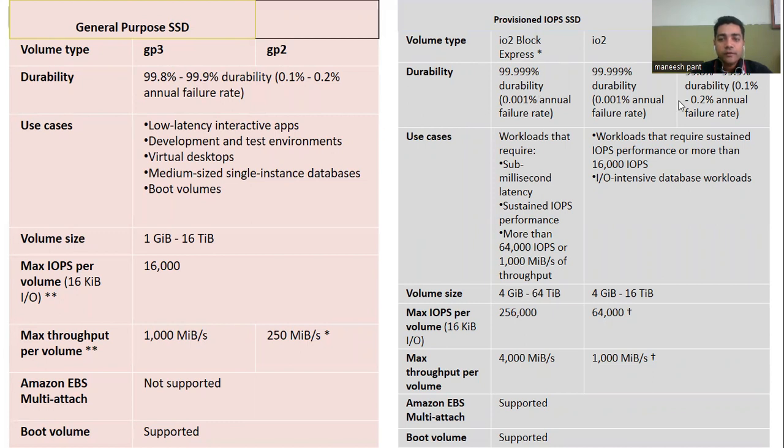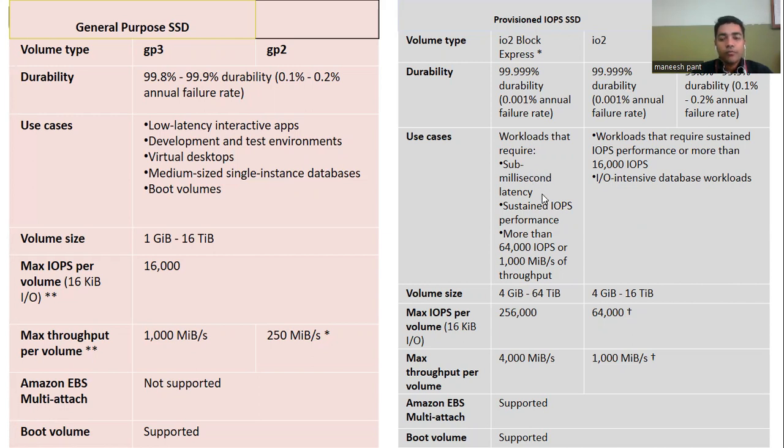So durability is quite similar in both. Now the use cases: general purpose, as the name suggests, is used for general types of work on our system, like low latency interactive apps, development and test environments, virtual desktops, medium sized single instance databases, boot volumes, whereas provisioned SSD is for workloads that require sub-millisecond latency.